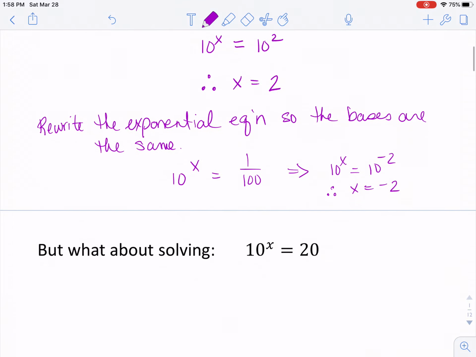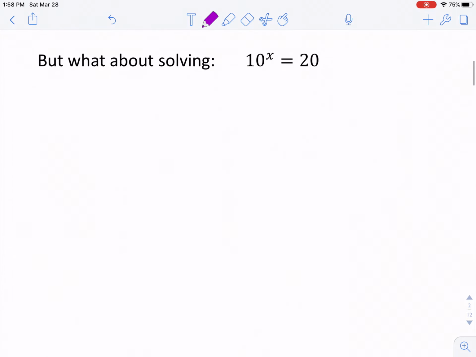All right. So the question then becomes, what do we do if I want to solve 10 to the x is equal to 20? Clearly, there's no way to rewrite 20 so it has a base of 10. So we need a way to undo the exponential and get x out of being the exponent.